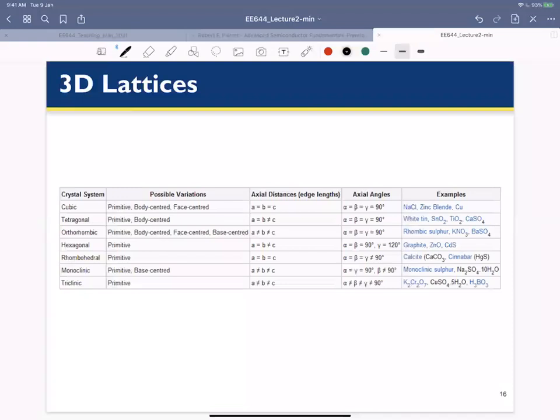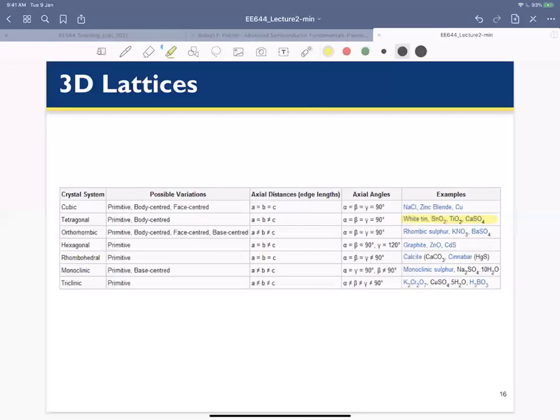Cubic crystals are mostly your normal salt, zinc blende, copper. If you look at tetragonal, then your white tin, tin oxide, titanium oxide, calcium sulfate. So these are all tetragonal lattices, right?